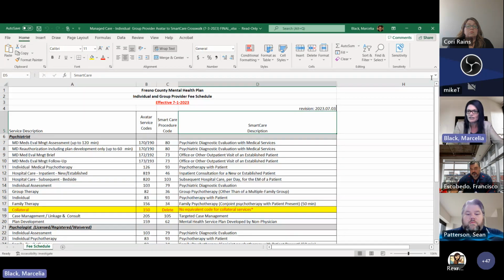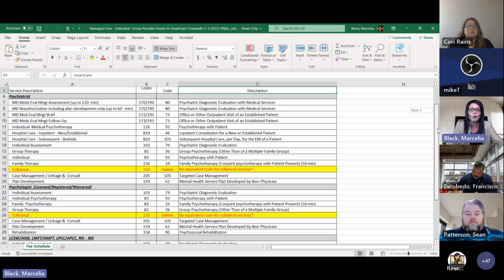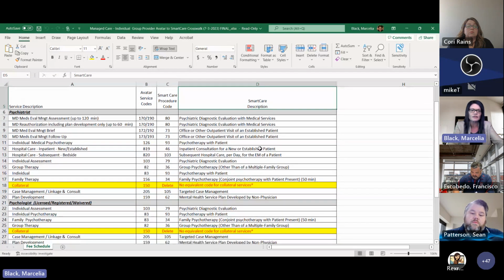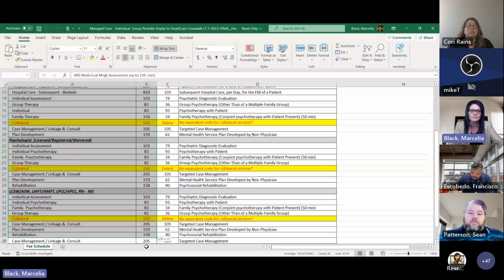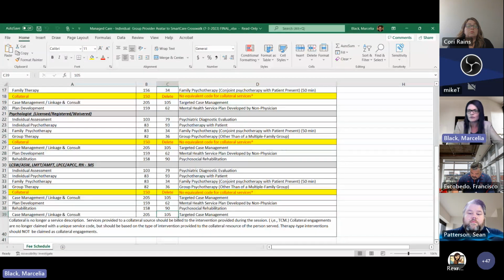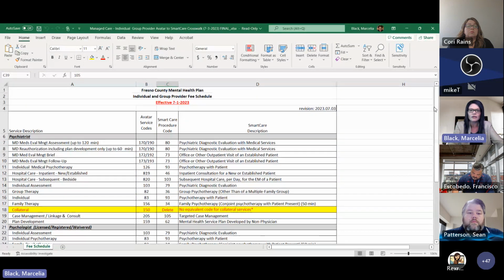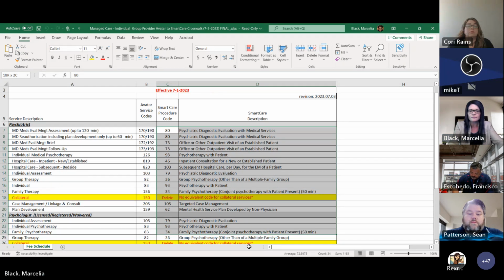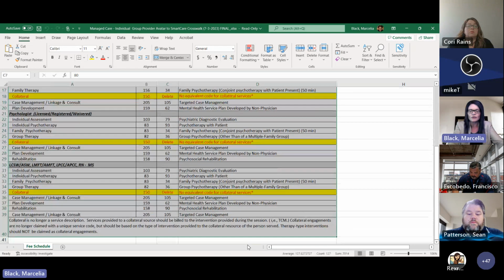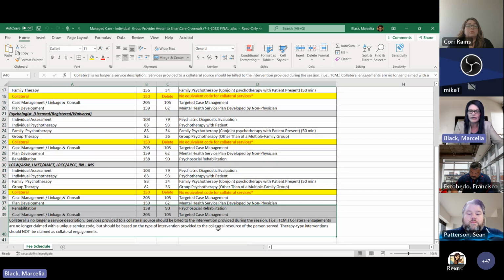So here's our old codes in SmartCare. You can see on this side, there's the old descriptors and old avatar codes all on the left-hand side. And then what you will see here are now all of your common claiming codes, all of the codes that you used to claim. Here are the new codes. So we will send this out to you so that it's an easy crosswalk for you.